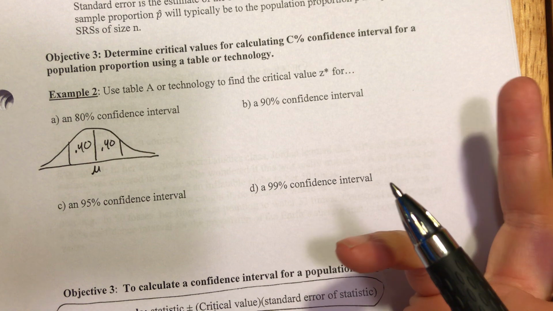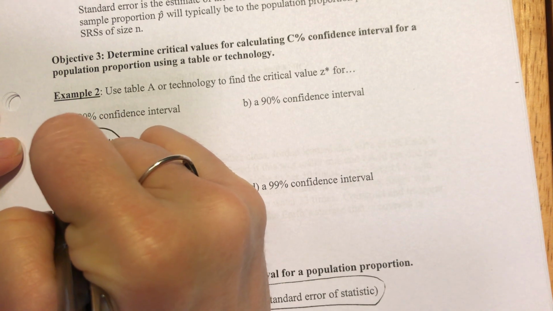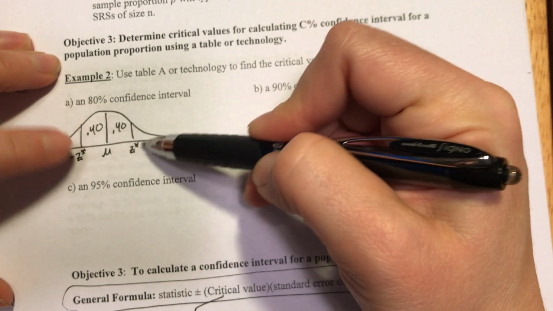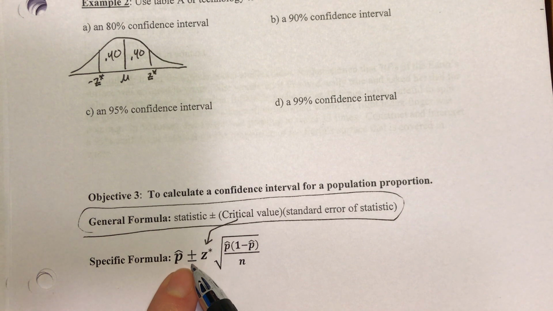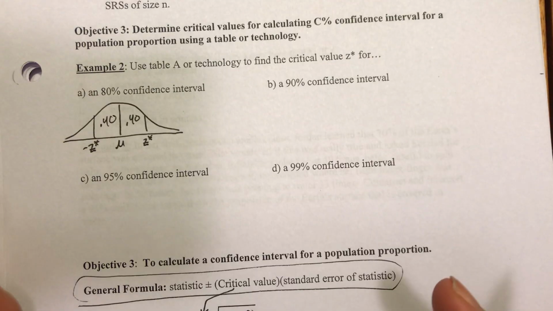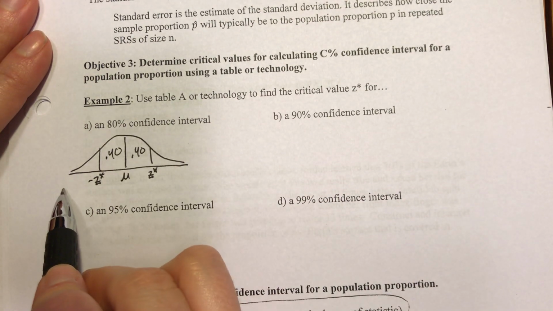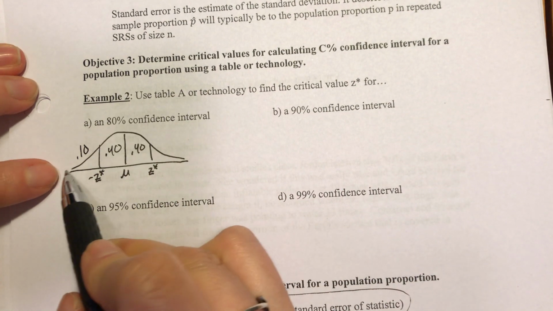Your Z star is the number, like this would be your Z star here, and this would be the negative of the Z star. Okay, they're going to be the same number, just one's the positive, one's the negative, which you don't actually really need to worry about because your formula accounts for the fact that one's a positive and one's a negative. The one on the right's the positive, the one on the left's the negative. So you just need to remember how to get your values, right? If you want to do inverse norm for this number, we would need to do inverse norm of 0.1, right?